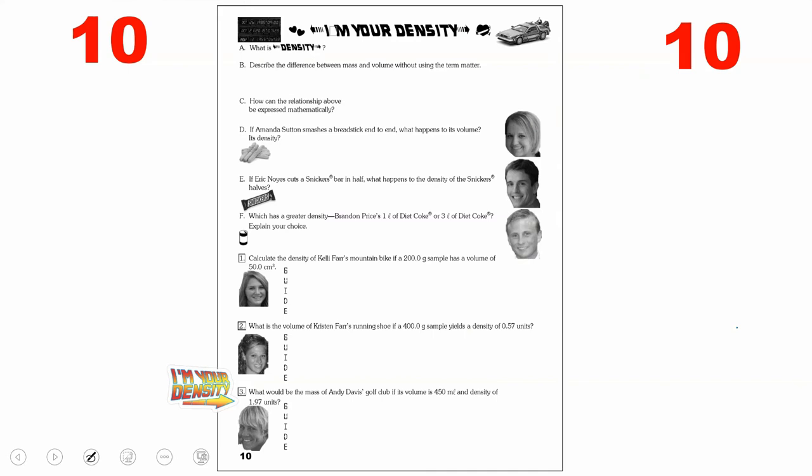Here we have what will be the mass of Andy Davis's golf club if its volume is 450 milliliters and a density of 1 97/100 units. Okay, so jot down all the numbers.